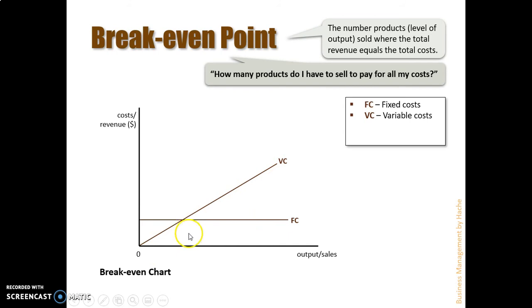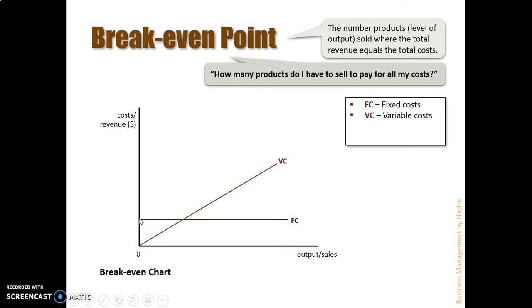With these two lines, we can now calculate the total cost. The total cost is basically the addition of these two values. So if we draw that line here, it will obviously go alongside the variable cost. They will be two parallel lines, but it will begin from the fixed cost. Why? Because even when you don't make any product at all, and you don't spend any money on making it, you are still paying the fixed cost.